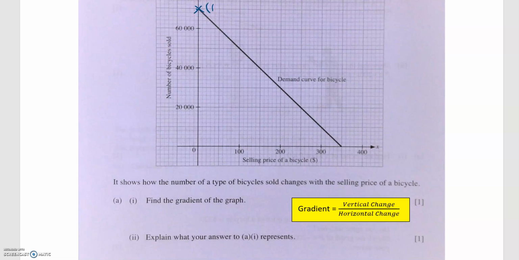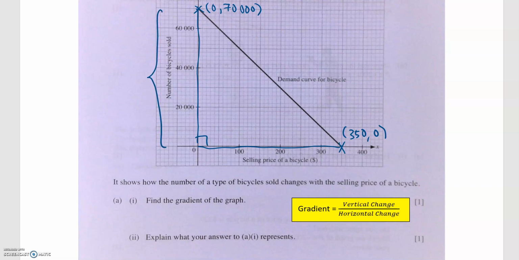The first one would be (0, 70,000). The second convenient point that I'm going to pick is (350, 0). So I'll form my right angle triangle to get my vertical change.